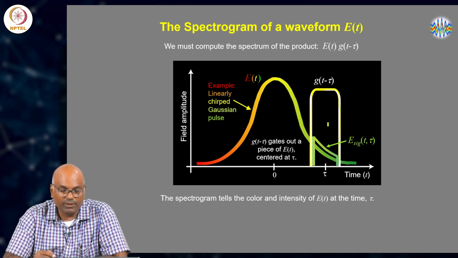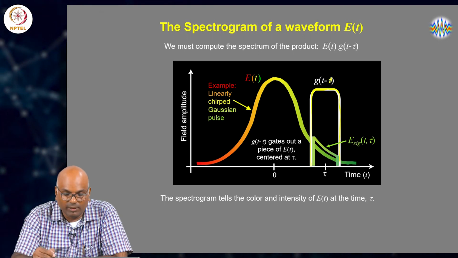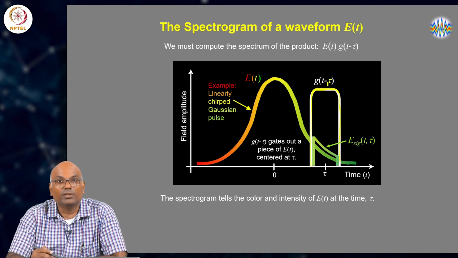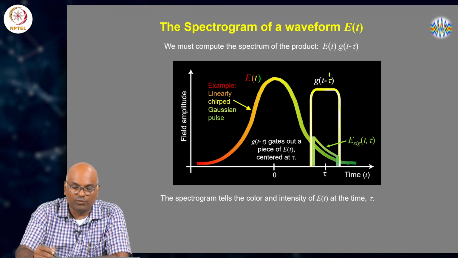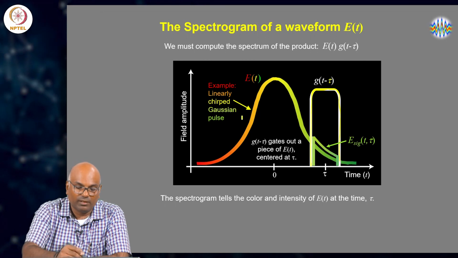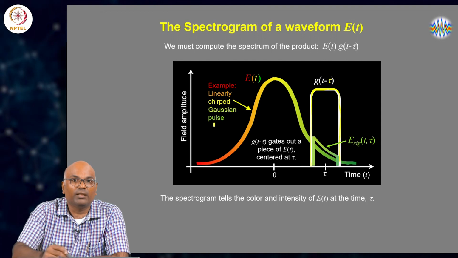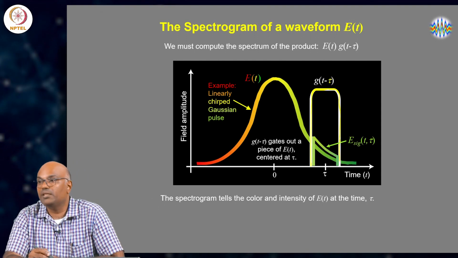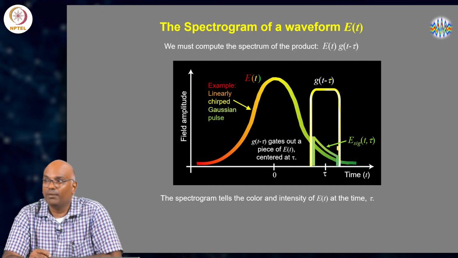The placement of the window about the temporal coordinates of the pulse is determined by tau, the temporal variable here, and we can move the gate forward and backward and scan the pulse. That is what the integral does. The integral is from minus infinity to infinity dt.